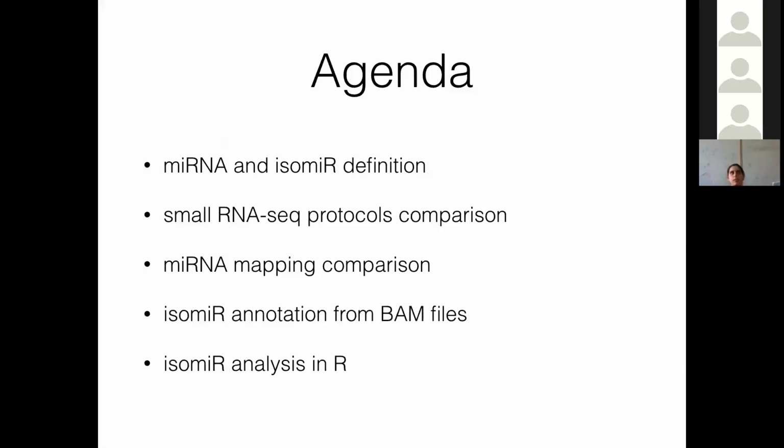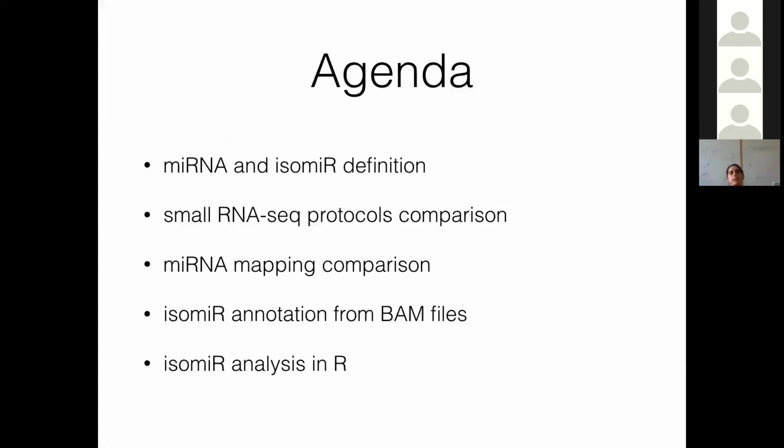As well, I'm seeing in papers and publications that isomers are starting to be more the target of the study. So I will talk about the main problem of isomer annotation, what people do, and maybe a possible solution so we can all do the same, kind of.